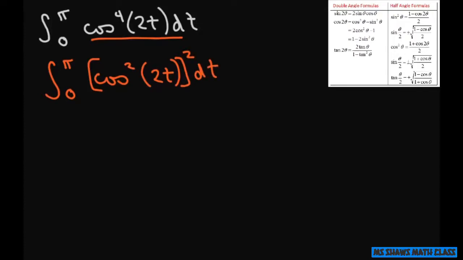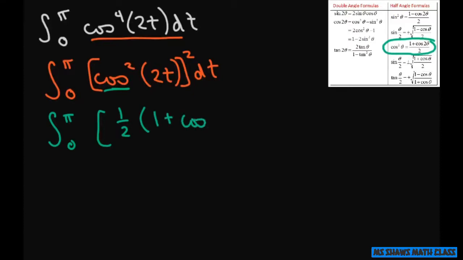All right, and now we're going to use our half angle identity for cosine squared, which is right here. So rewriting that again, you're going to get 1/2 times (1 plus cosine 2, this is the 2 here.